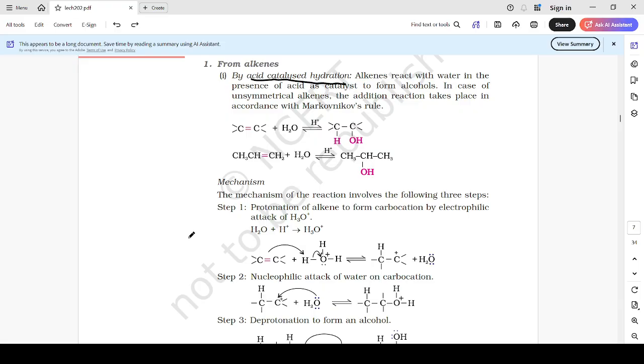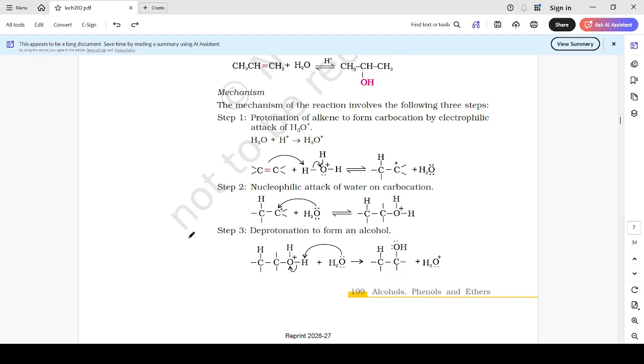So let's understand the mechanism first. I have water in the presence of H plus. This oxygen has a lone pair of electrons. The lone pair is attracted by the H plus, becoming H3O plus. Understood till this? Yes, ma'am.